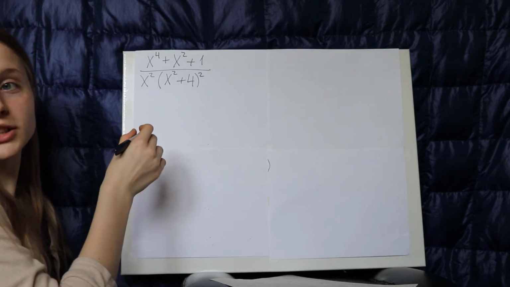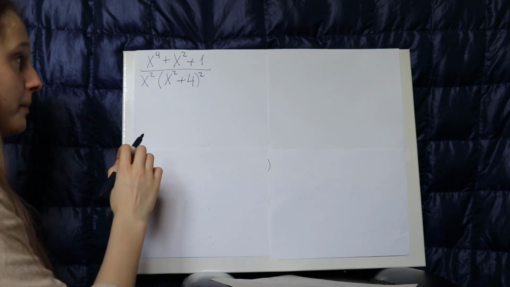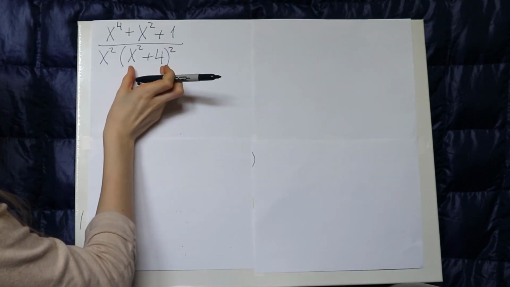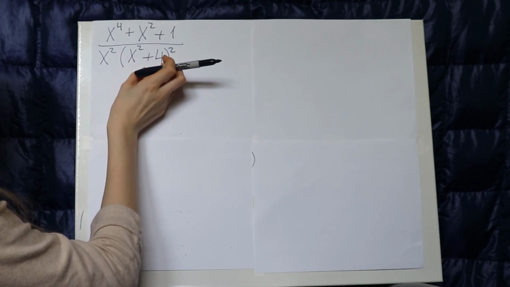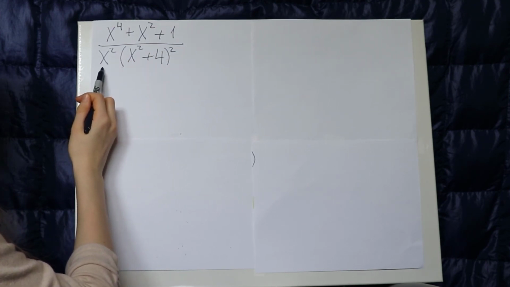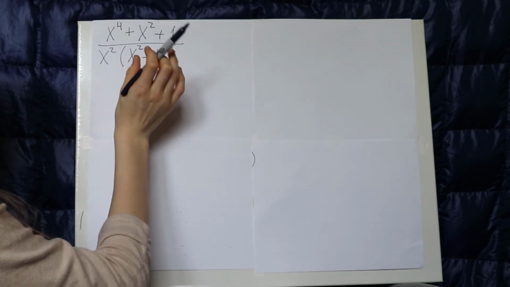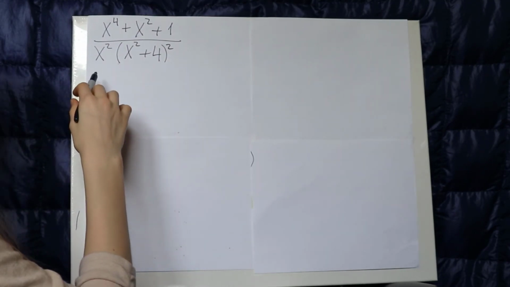And this is a fraction that we need to decompose now. So as we see, the denominator is completely factored because we can't factor x squared plus 4. And we obviously can't factor the x. So this is completely factored, and the numerator, well, we'll just forget about the numerator for now.